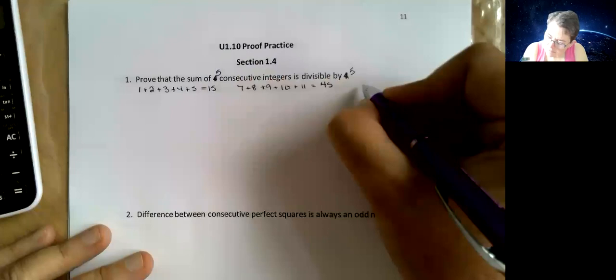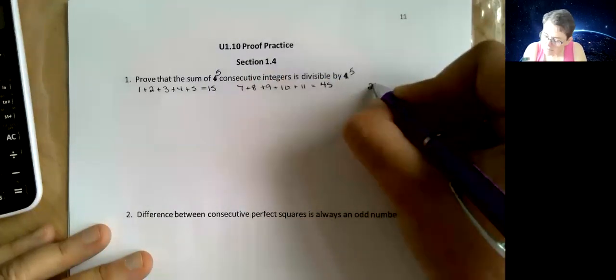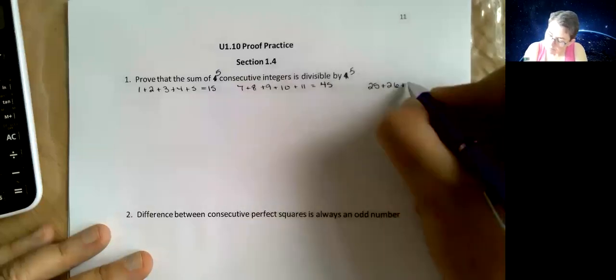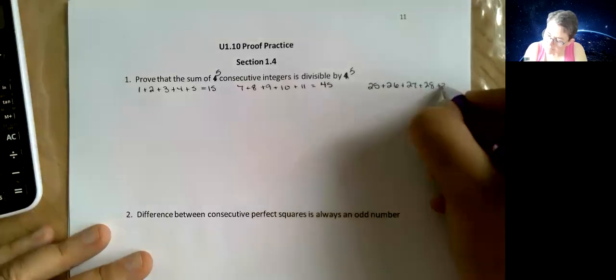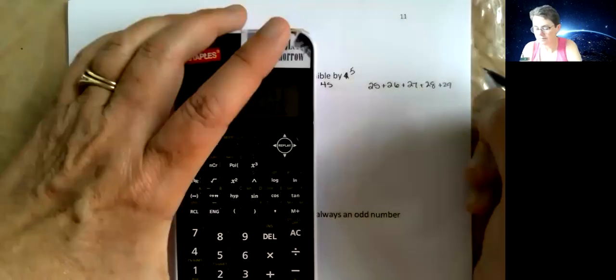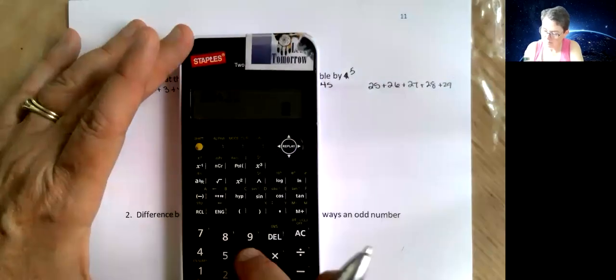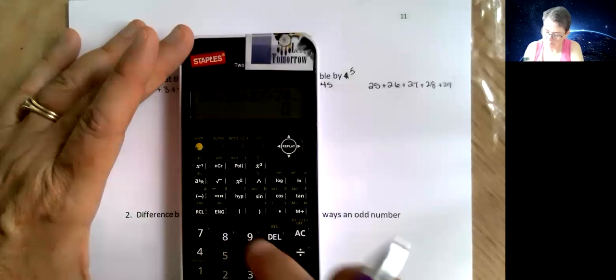Then 25 plus 26 plus 27 plus 28 plus 29. That's 135.